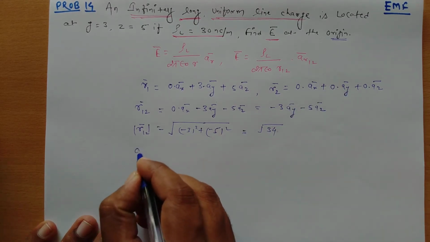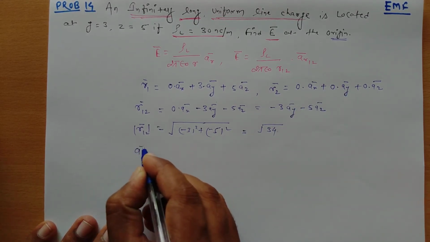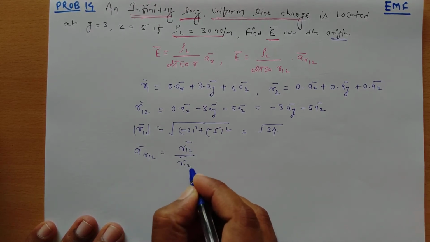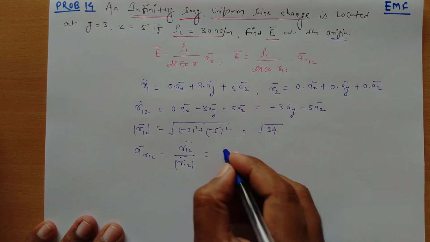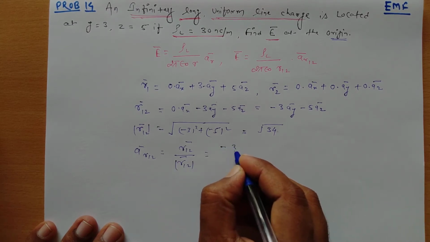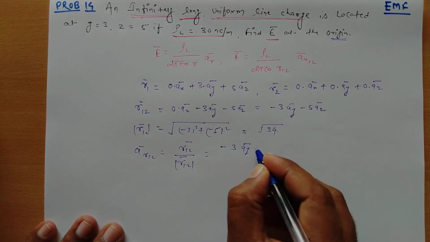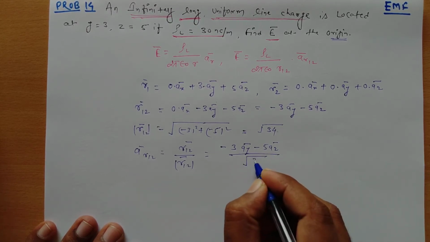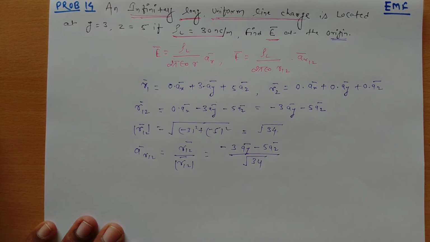And we can find the unit vector a R12 as the vector divided by its mod, right? So it is minus 3 ay minus 5 az divided by under root 34, okay. Now we have found all the values and can put them in the expression to find the answer.